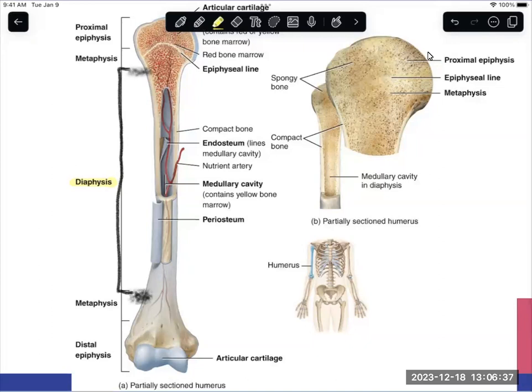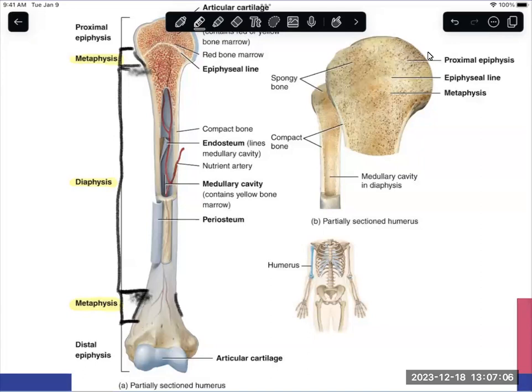We have a metaphysis. We have one on the top and one on the bottom. These are for long bones. It travels along this area. It's where the bone goes from the shaft and starts to widen out.